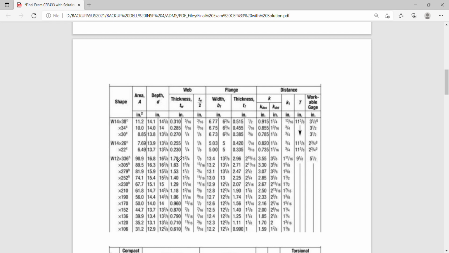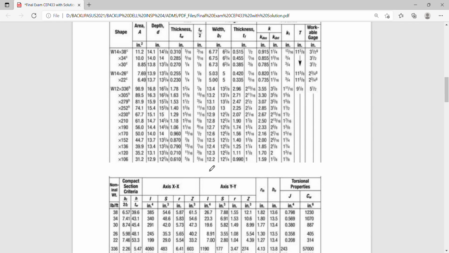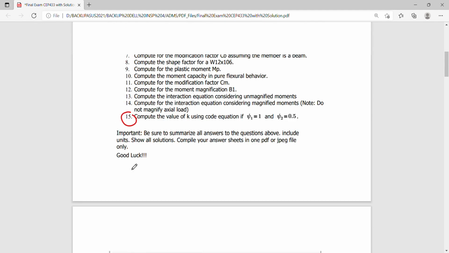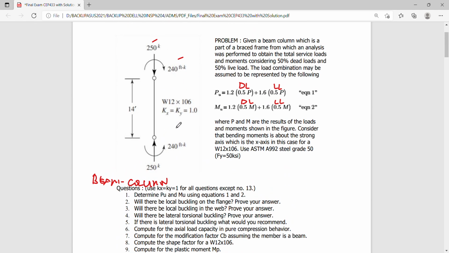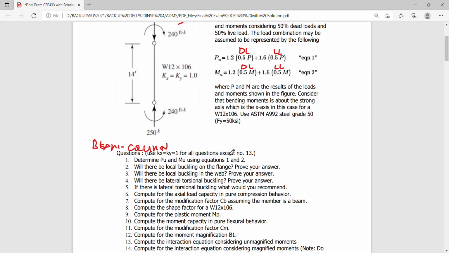So I have here now the properties of a W12 by 106, which is indicated here. The bending direction, before I forget, is actually about the strong axis, which means that these moments here are resisted by the strong axis of bending.